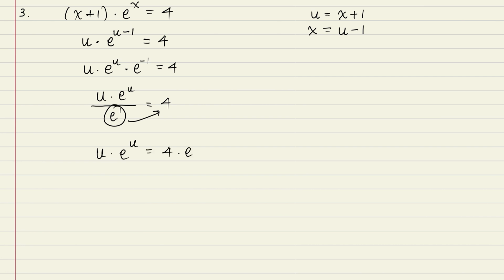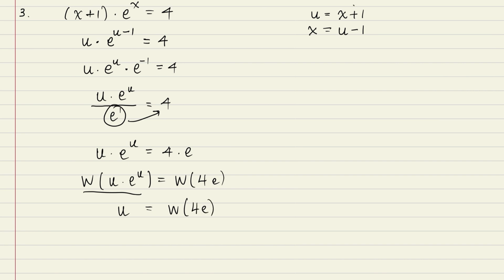Well, e to the 1 is e. Now I can take the W of both sides. So W of u multiplied by e to the u is equal to W of 4e. Now this is going to give u equal to W of 4e.